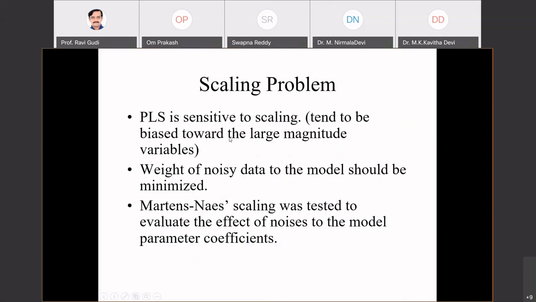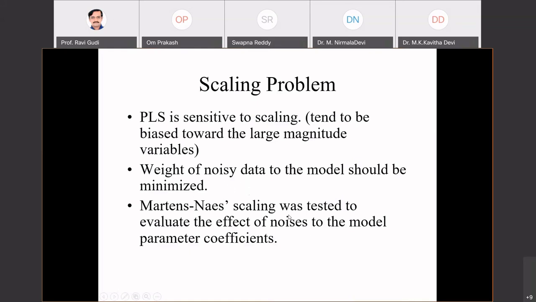And the other thing is, I didn't talk about this, but PLS is sensitive to scaling. So, the PLS estimates tend to be biased towards the large magnitude variables. And so the noisy data should be weighed less in the overall predictions.